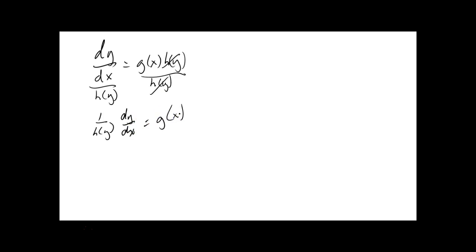Then they call this one p of y. I see no real reason to, but they call it p of y times dy/dx is equal to g of x. Fine to call it that. You can call it whatever you want to, where the 1 over h of y is your p of y.